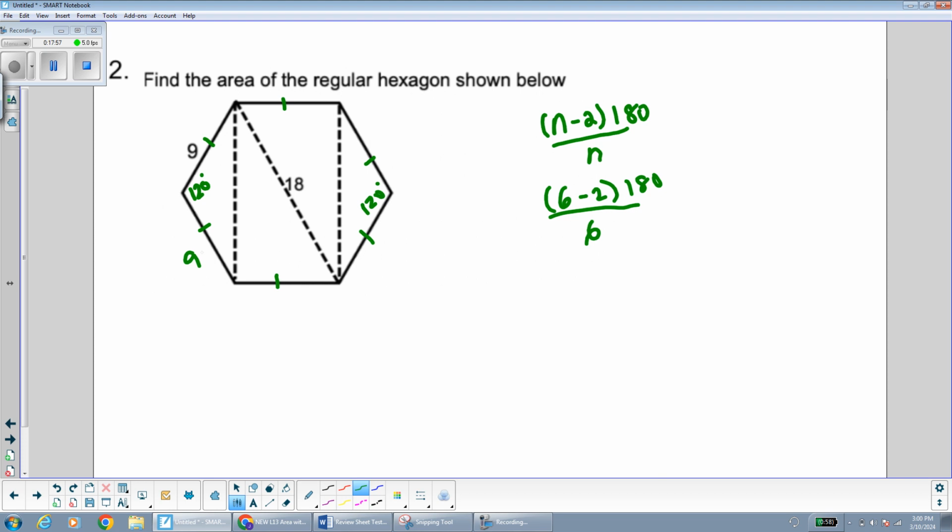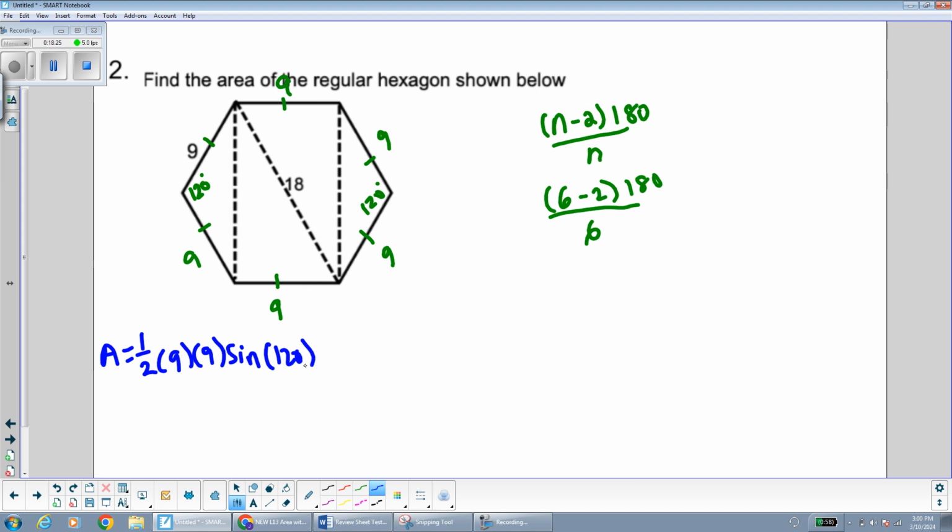If these are 9, this is also 9, this is also 9, this is also 9, and this is also 9 because all 6 sides are equal. So I already can find the area of the 2 triangles on the ends here because I have 2 sides and the angle in between. So each of those triangles is 1/2 times 9 times 9 times sine of 120.